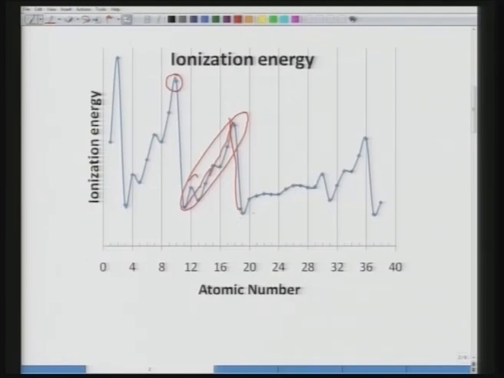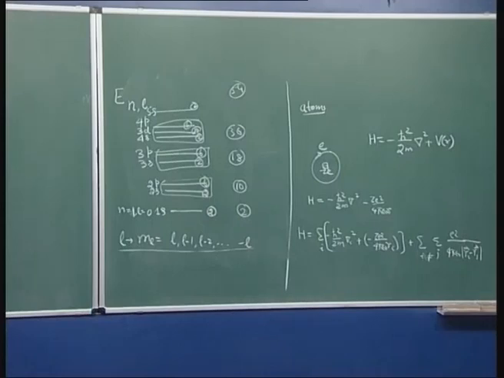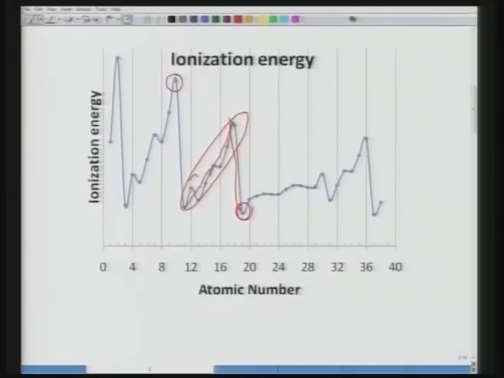On the board you had seen that at 36. So, from 18 to 36, the ionization energy is slowly changing, but as you go from 36 to 37, all of a sudden the ionization energy goes down, right.